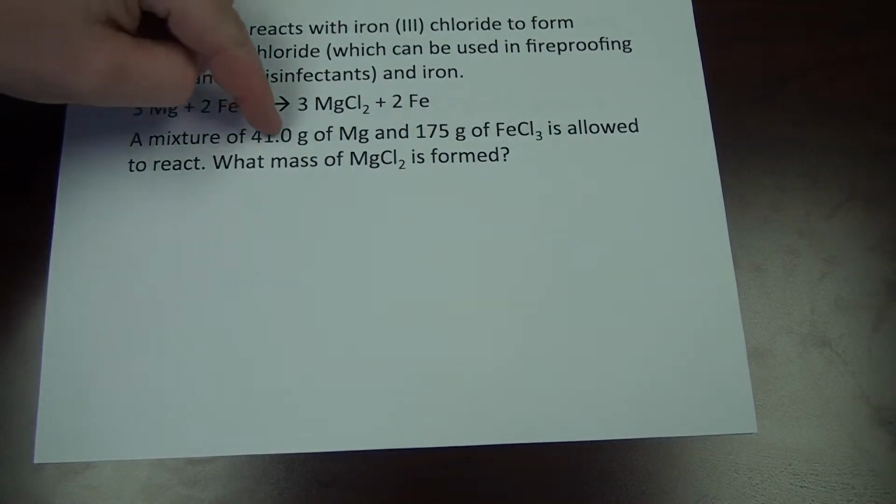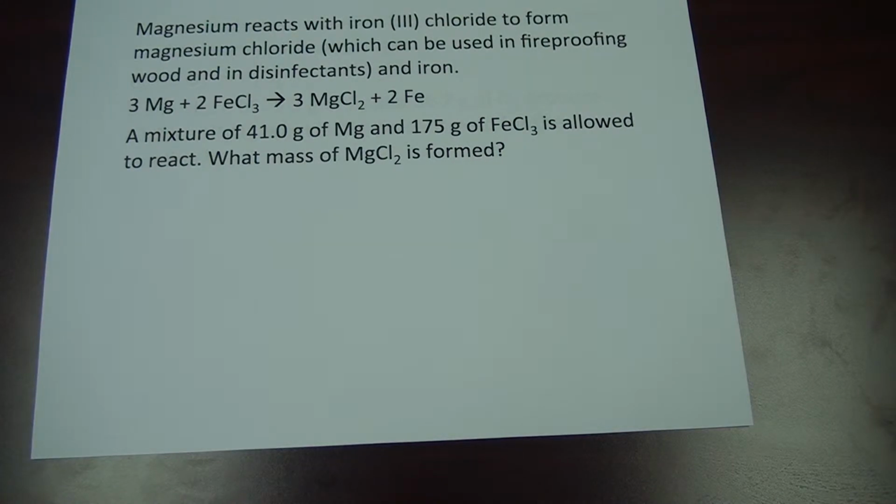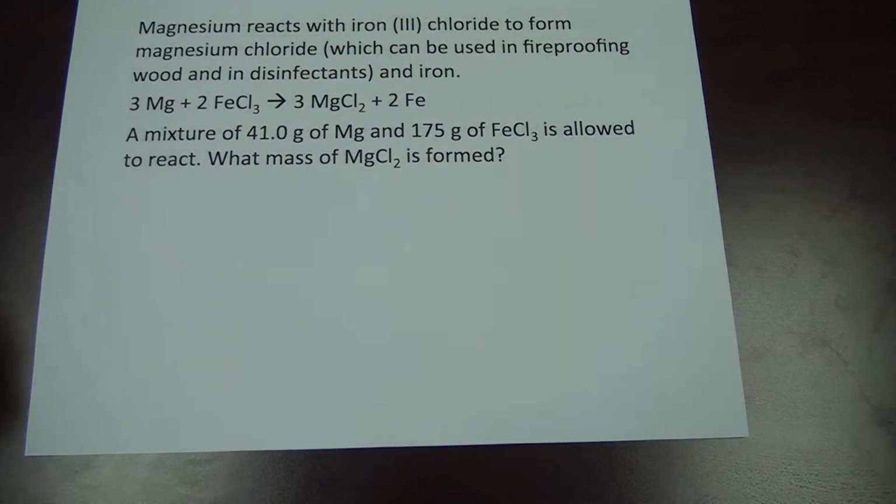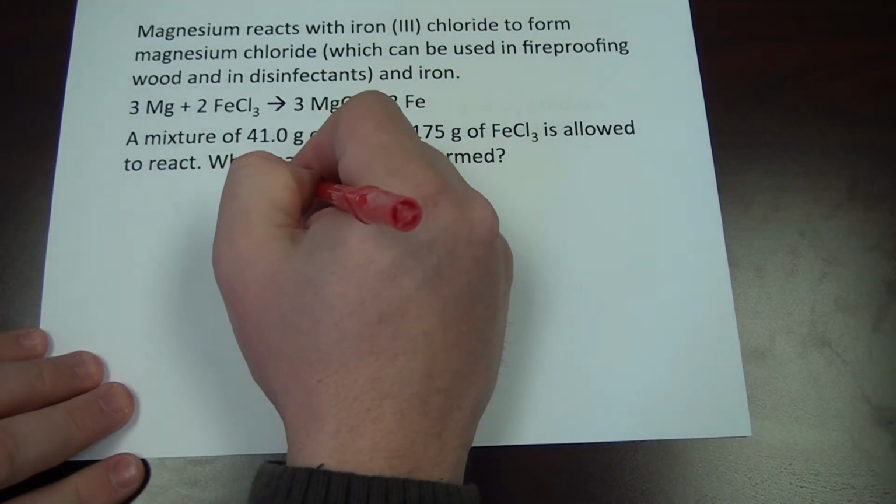So a mixture of 41 grams of magnesium and 175 grams of iron 3 chloride is allowed to react. What mass of magnesium chloride is formed? Again, we have both reactants present, so this is again a limiting reagent problem.